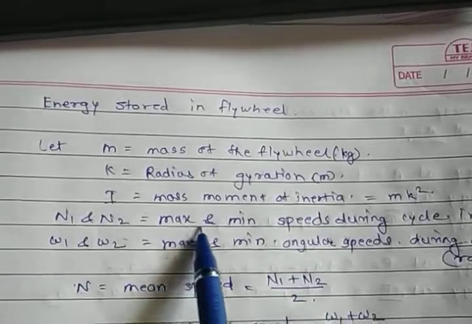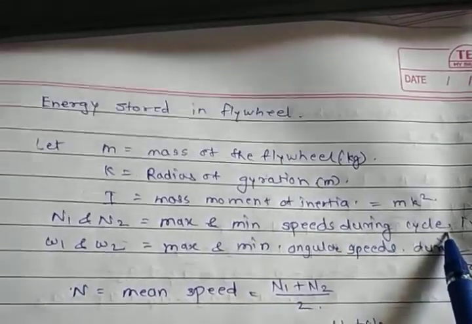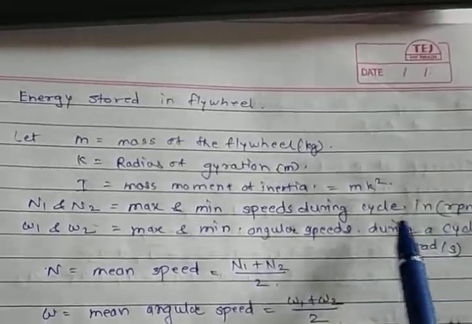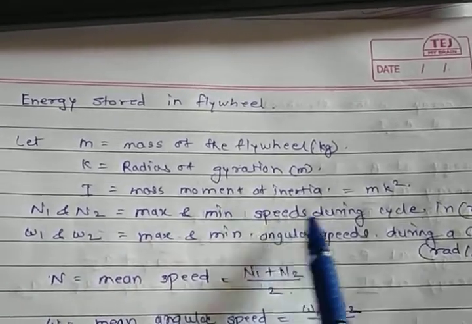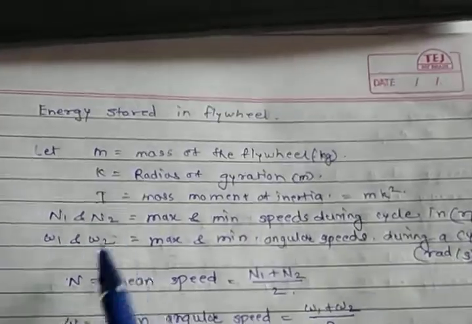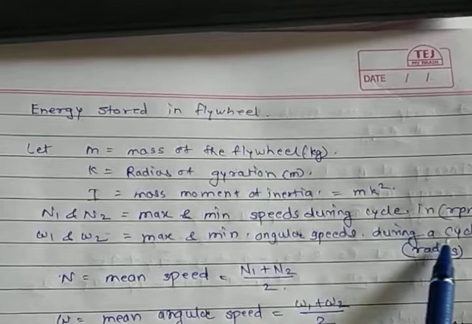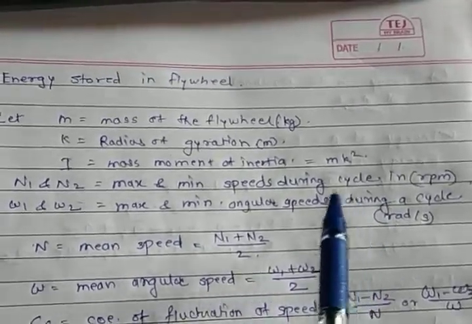N1 and N2 are the maximum and minimum speeds during a cycle, in RPM. Omega 1 and omega 2 are the maximum and minimum angular speeds during a cycle, represented in radian per second.